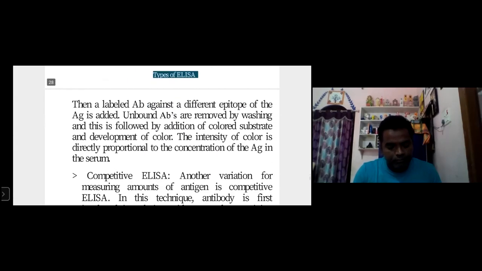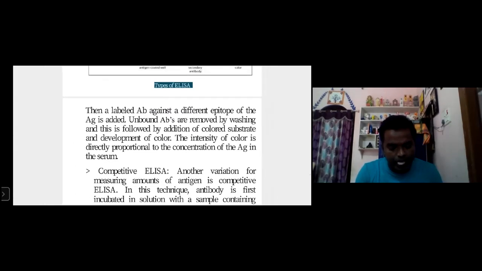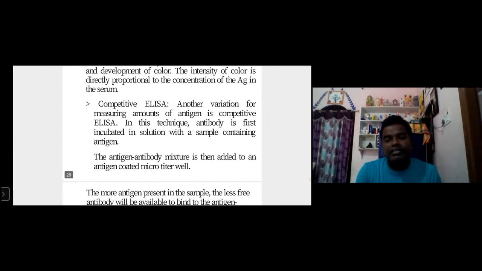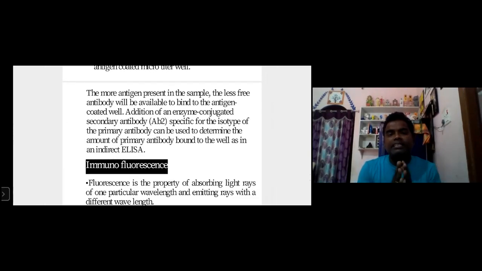These are the important points. In the competitive ELISA, as I already told you, it is another variation for measuring the amount of antigen. In this technique, antibody is first incubated in solution with a sample containing antigen. Then the antigen antibody mixture is added to an antigen coated microwell. The more antigen present in the sample, the less free antibody will be available to bind the antigen coated well, and unbound particles are removed with distilled water.